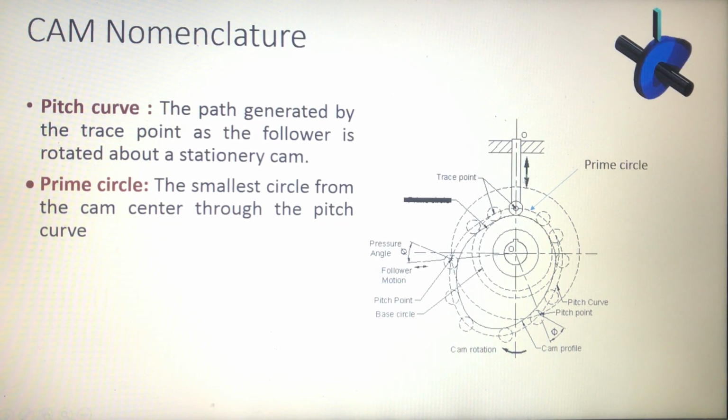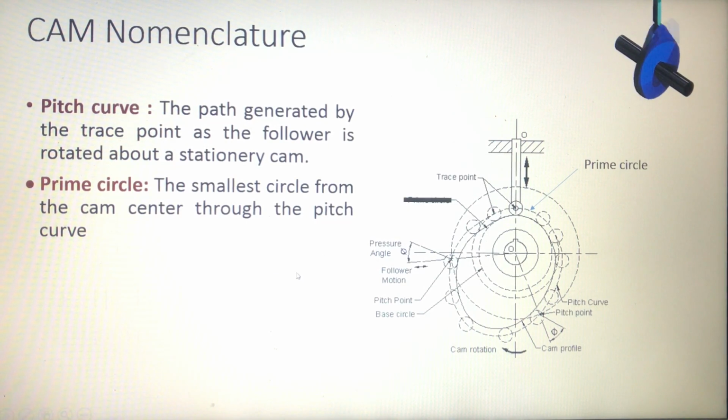In case of a roller follower, you have a separate cam profile, pitch curve, base circle, and prime circle. But in a knife edge follower, the prime circle is the same as the base circle and the pitch curve is the same as the cam profile.